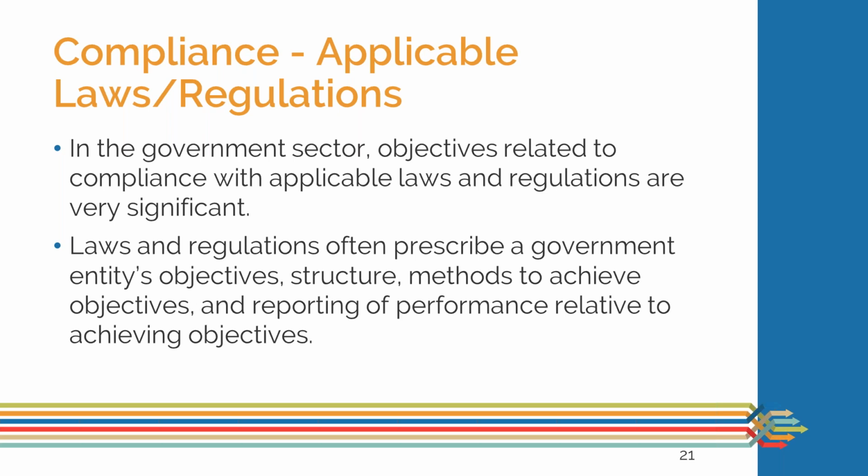We look at that and we prescribe the structure and method of achieving those objectives. So we're looking at the compliance factors and making sure that the performance is actually being achieved.